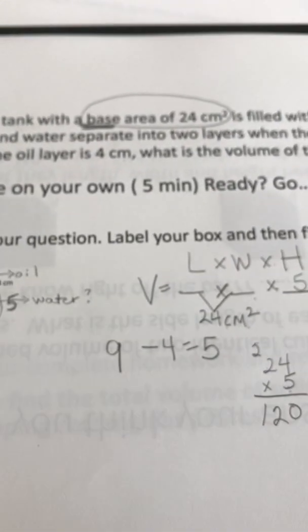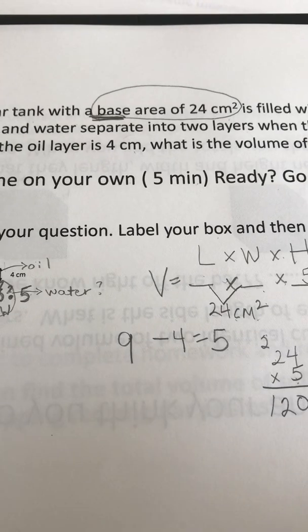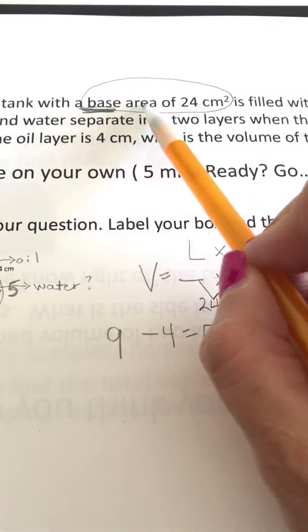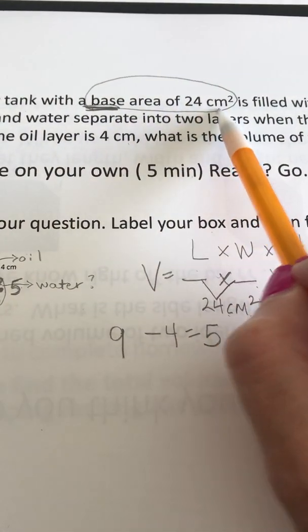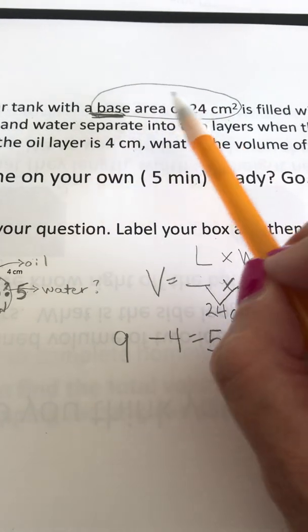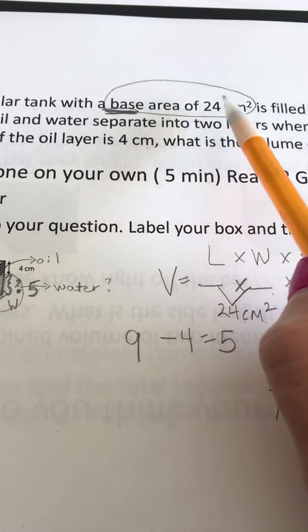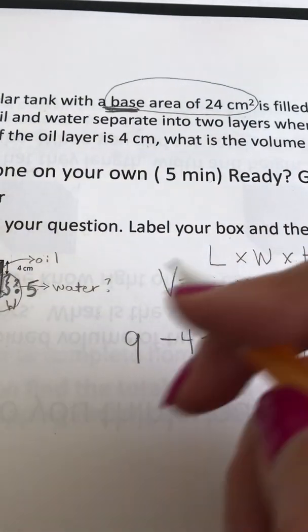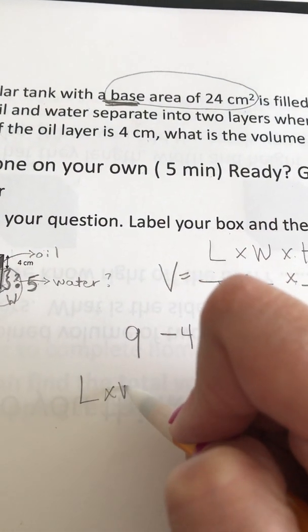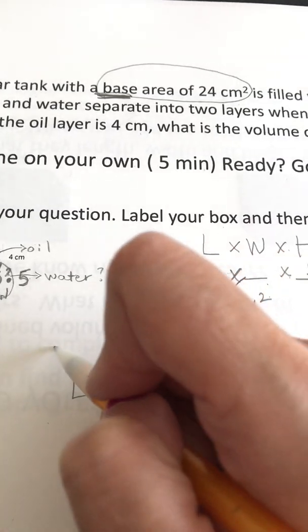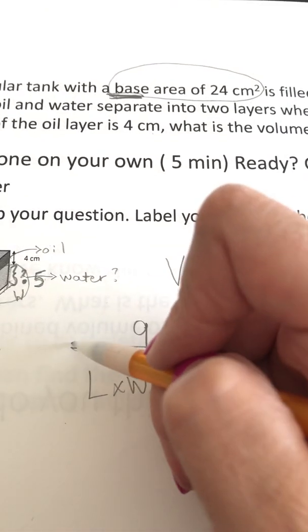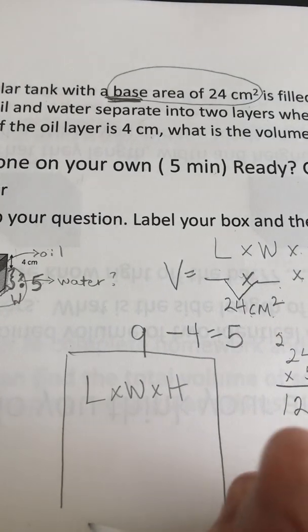Again, let me stress that if they tell you that your base area is 24 centimeters squared, or any number, if it tells you what your base area is, you only take the number they give you and multiply it by the height. It can look like this. I'm going to put this in a box.